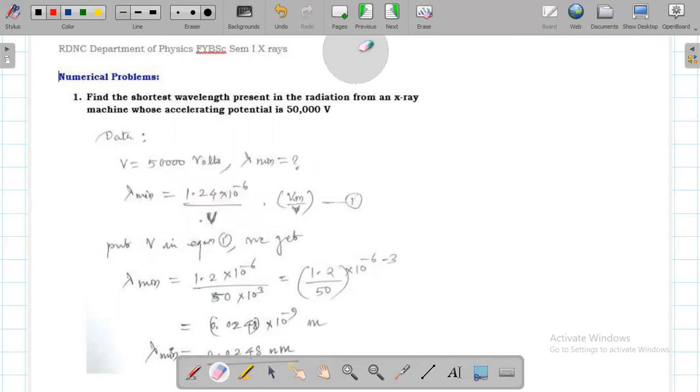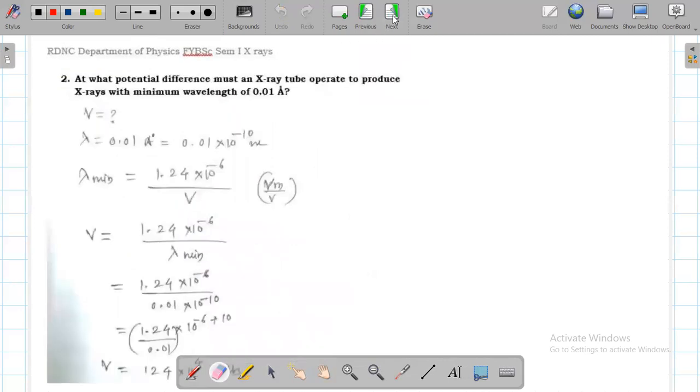Okay. Next example is to find the potential. We can use the same formula, lambda minimum equals 1.24 into 10 raised to minus 6 upon V. Therefore, rearranging this equation, we can write V equals 1.24 into 10 raised to minus 6 upon lambda minimum. We have lambda minimum equal to 0.01 nanometer, that is 0.01 into 10 raised to minus 9 meter. We can put it in this equation.